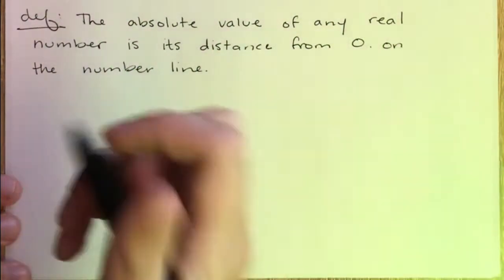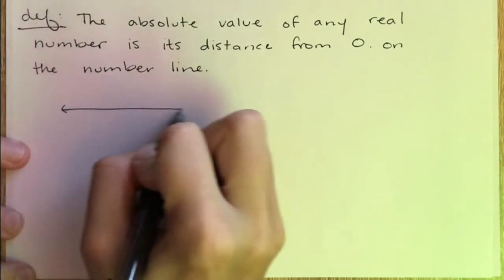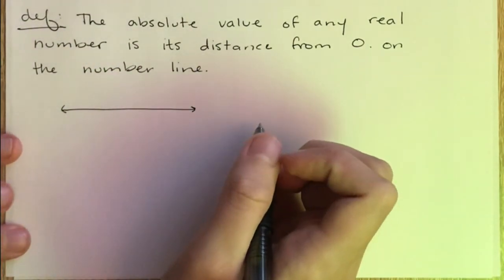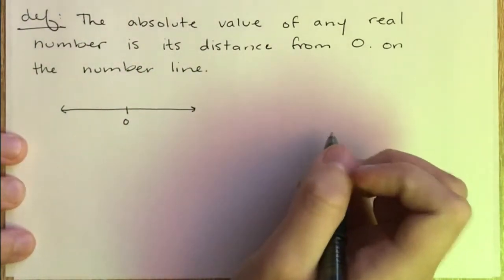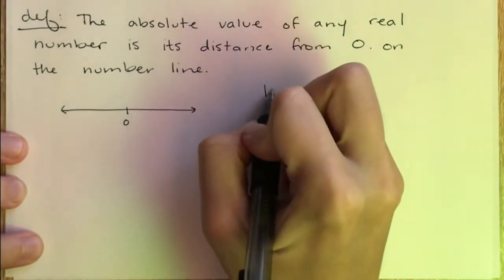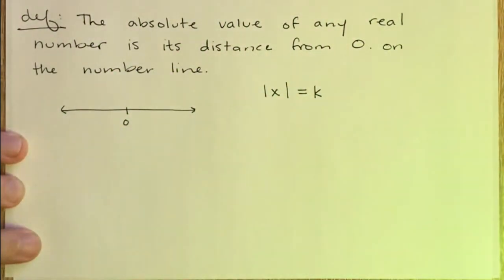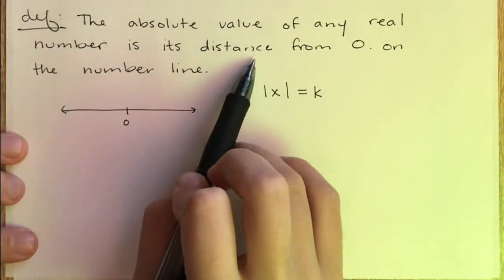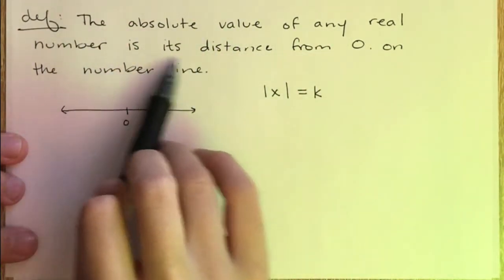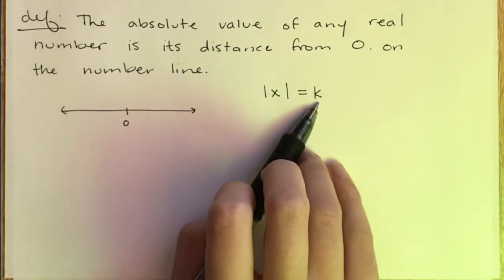What does that mean? Well, real quick, let's look at our trusty number line. So we're looking for a distance from 0, and let's say we wanted to graph the absolute value of x equals some number k. Well, then that means I'm looking for every number that is k away. This is x's distance from 0.